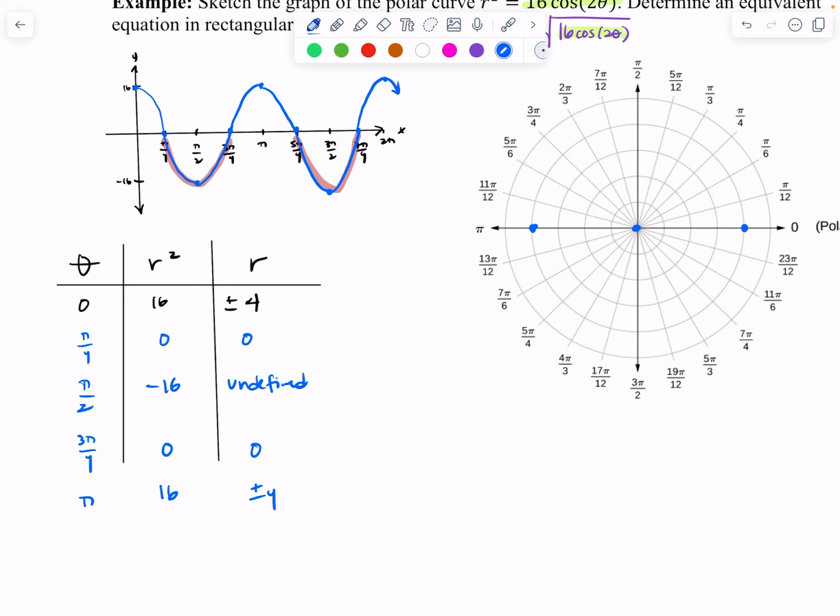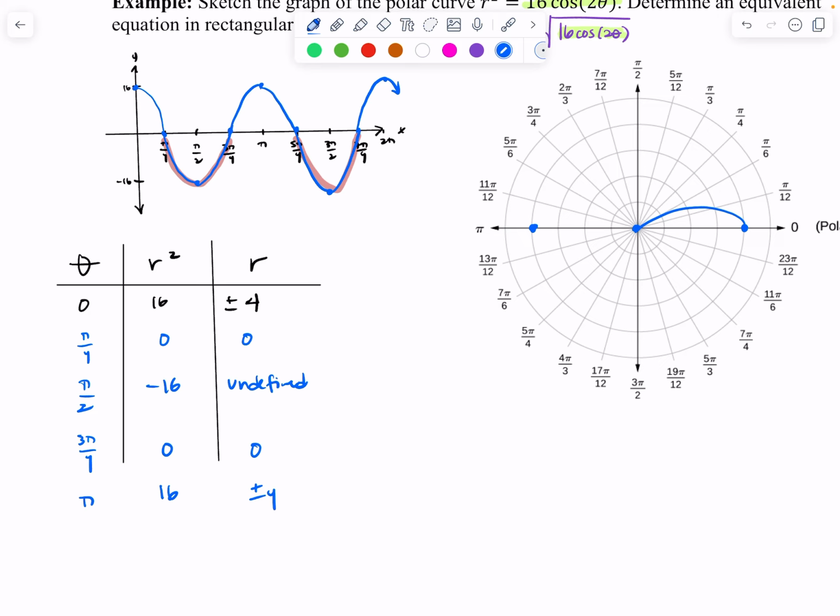So what ends up happening is the graph from 0 to pi over 4 is positive, positive, positive. And from pi over 4, no points are plotted.